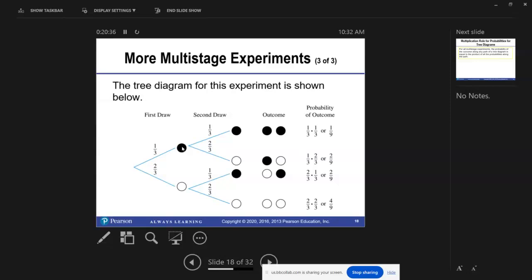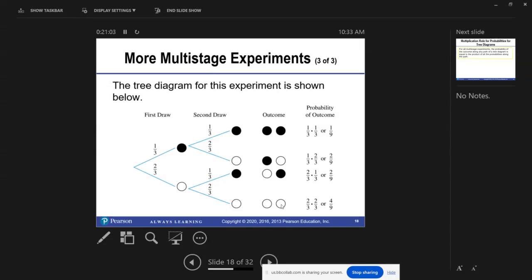So let's say for the colored ball, for the second draw, you've got a 1/3 chance of drawing a colored ball again and a 2/3 for a white ball. And same thing here. If you draw a white ball first, your second draw could have 1/3 and 2/3 possibilities. So here are those outcomes that we listed as ordered pairs in our sample space before.